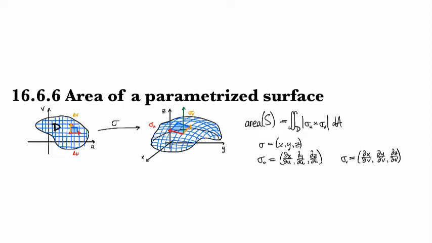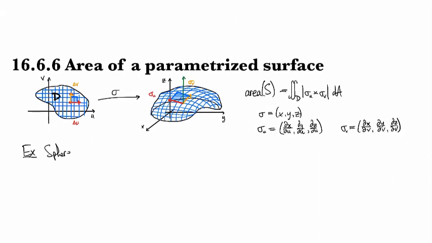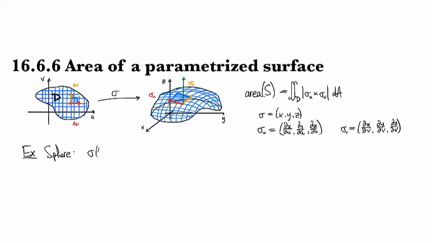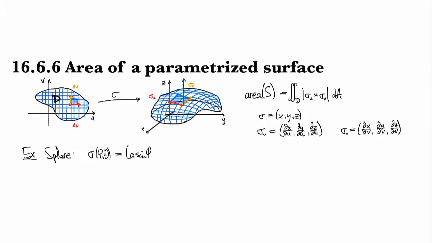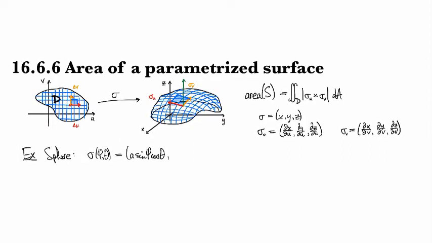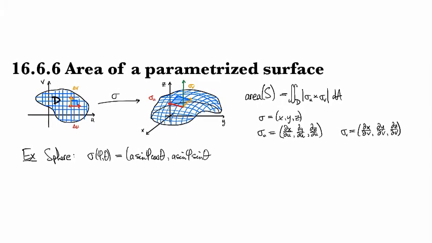Okay, so let's do an example. We'll do the sphere because this will be nice and familiar. In this case, remember we found our parametrization to be given by A sine phi cosine theta, A sine phi sine theta, and then A cosine phi.